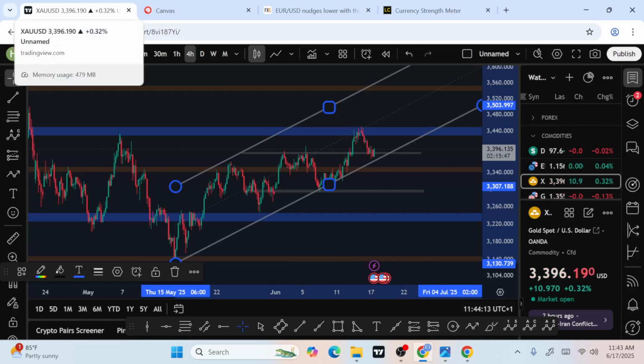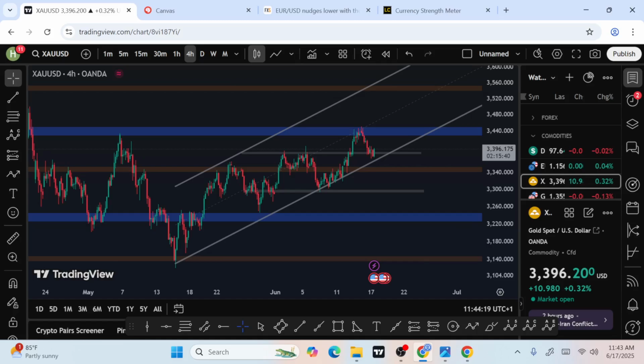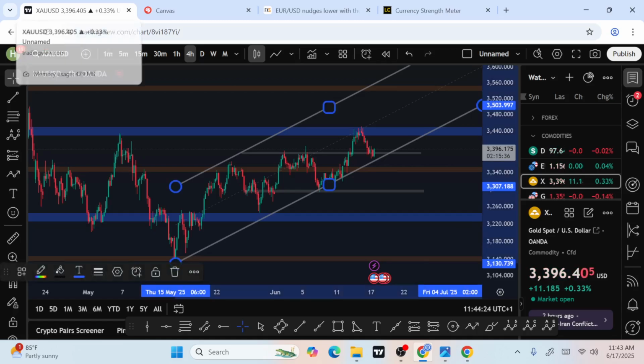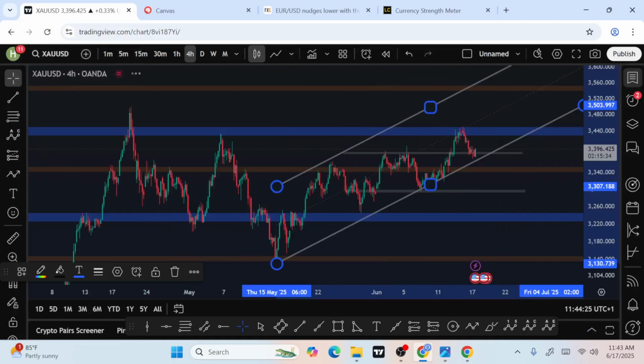Instead of a break of structure, BOS, going upward in an uptrend, when you see the market violate this higher low and break structure to the downside, it means change of character. The market wants to change from an uptrend to a downtrend.